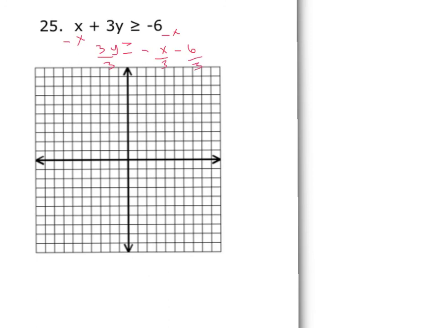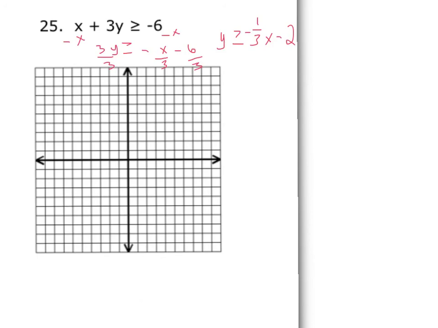Okay, so I end up with y is greater than or equal to, and I see a lot of mistakes right here. A lot of people forget that this is negative 1x, so they mess up with that 3 and they do something kind of funky there. So it's going to be negative 1/3 x. And then negative 6 divided by 3 is negative 2.